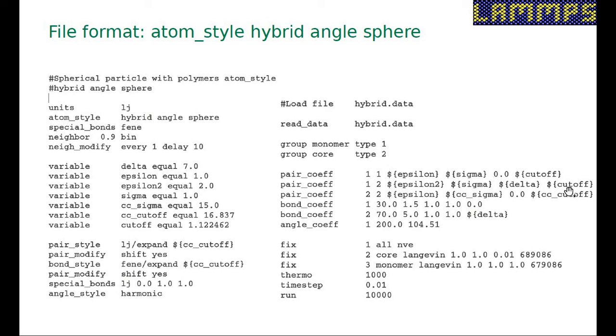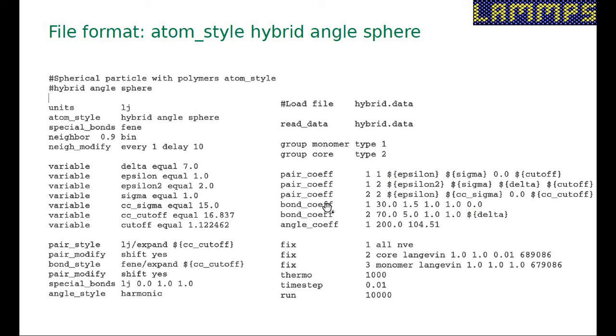We see there are different parameters for the cutoff potential. These are defined here. The cutoff for the central core potential is this number. This is obtained by taking the particle diameter times 2 to the 1/6, and here is simply the WCA cutoff distance.